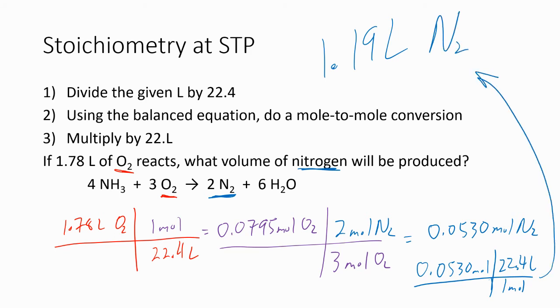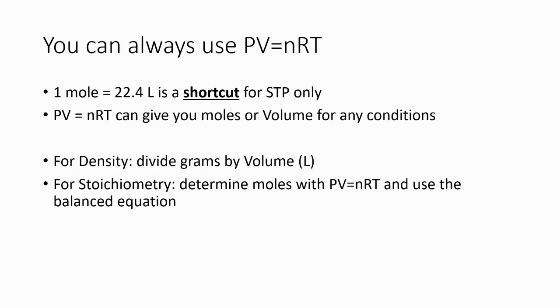All right. So that's that for stoichiometry. Now, keep in mind what drives me nuts about this is, and the reason I taught you, PV equals nRT is a very useful equation to know. Anytime you need, that's sort of like the tool that works all the time. This is really just a shortcut for STP only.